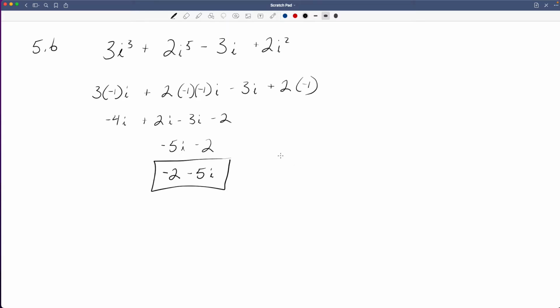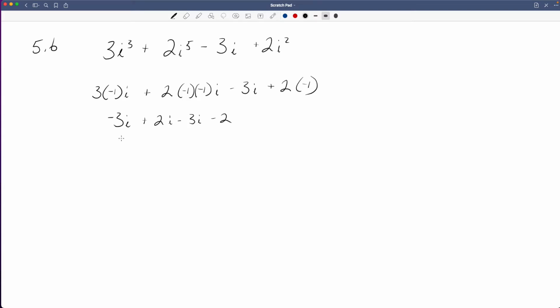My book does not have that answer. Let me see what I did. Oh, I see what I did wrong. Totally messed that up. This should be -3i. I added and multiplied and did something wonky all at the same time.